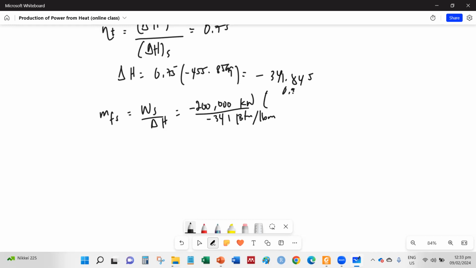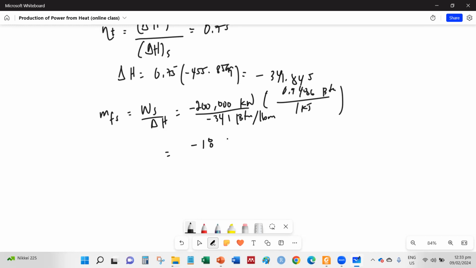Any conversion factor that would help you convert to BTU works, so it depends on you what you will use. But anyway, this is what I use.